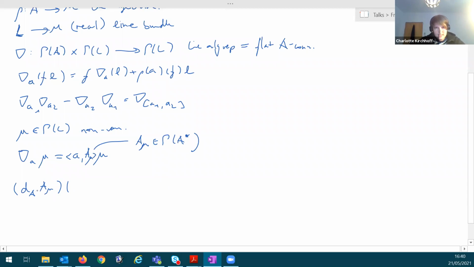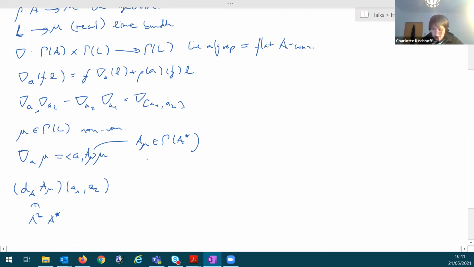So we can consider the derivative of this object A mu within this complex. That will be a section of the second exterior power of A star, so A star 2 forms.